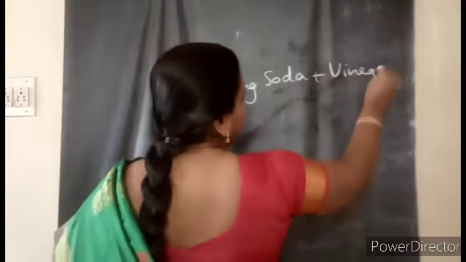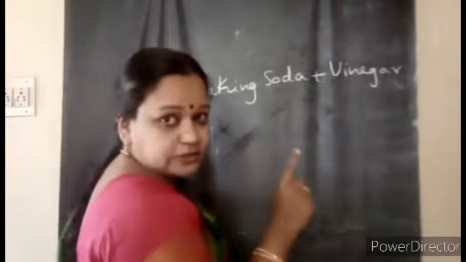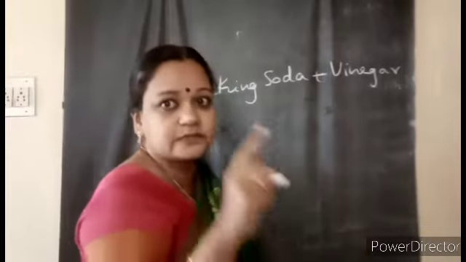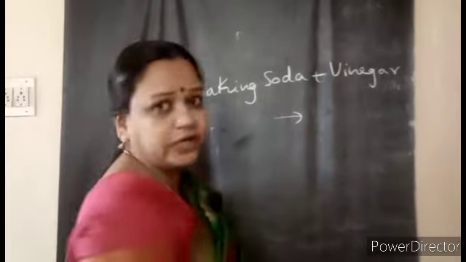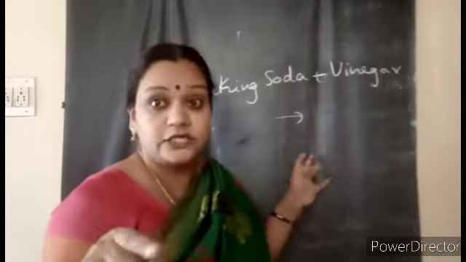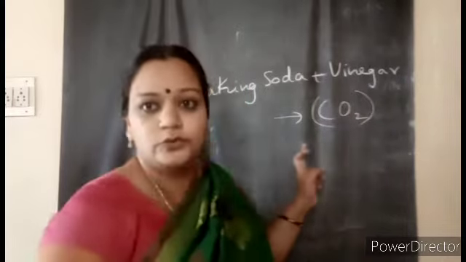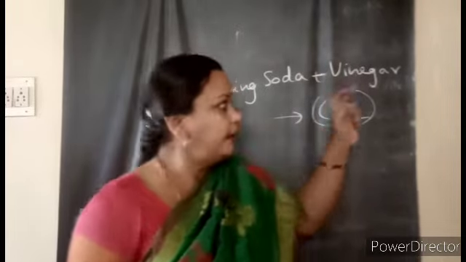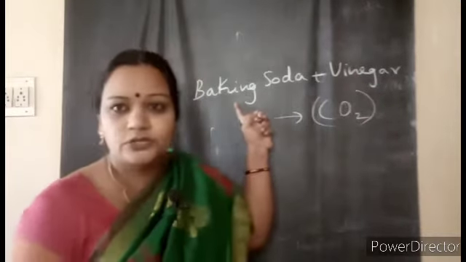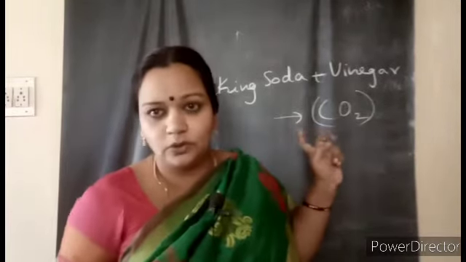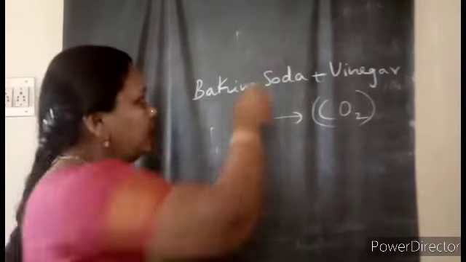At that time I said that baking soda is sodium hydrogen carbonate, and vinegar is acetic acid. When they both react, we learned that CO2 bubbles form. Do you remember that we were able to see the bubble formation? By now you know that vinegar is an acid, and you all know that baking soda is a base because you did many tests. In the tableau column, baking soda is also there. That day I showed it.